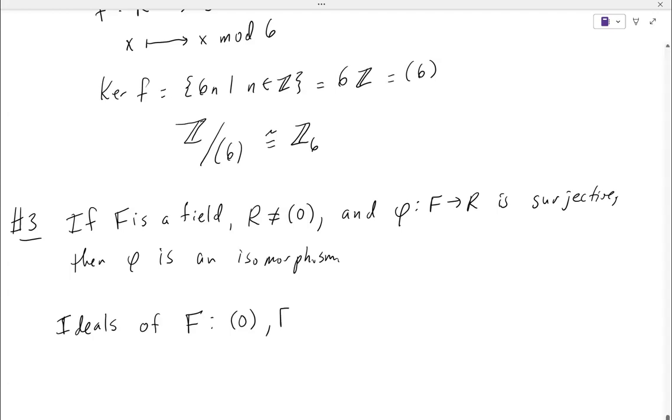So we could certainly have just 0, or we could have absolutely everything, as the two possibilities. Well, what about in general, though? We know that for general rings, there's typically more ideals, right? For example, in the integers, any multiple of an integer gives you an ideal, right? But what about a field? Everything but 0 is what kind of an element in a field?